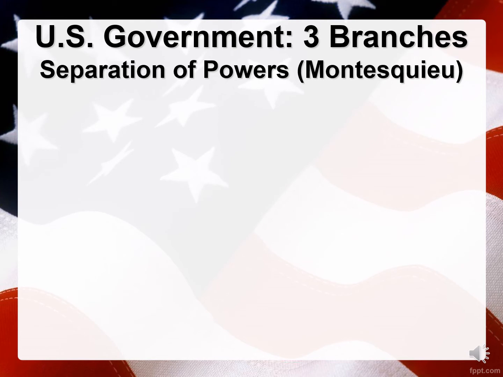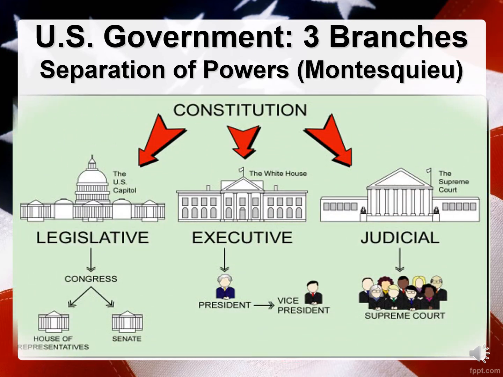As we've already talked about, the philosophy of Montesquieu, the three branches of government, and the separation of powers comes to light right here as we're drafting this new Constitution. It's certainly something that we reside under today. We had the legislative branch, and that includes Congress, the House of Representatives and the Senate.